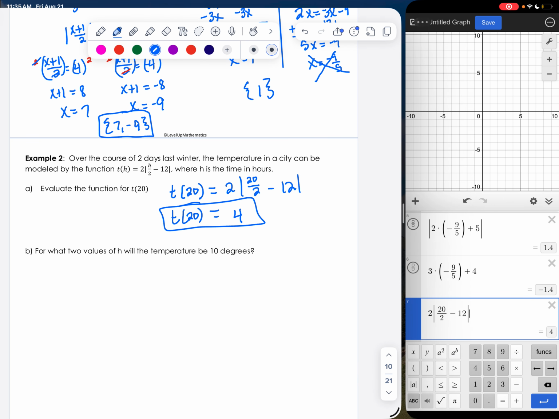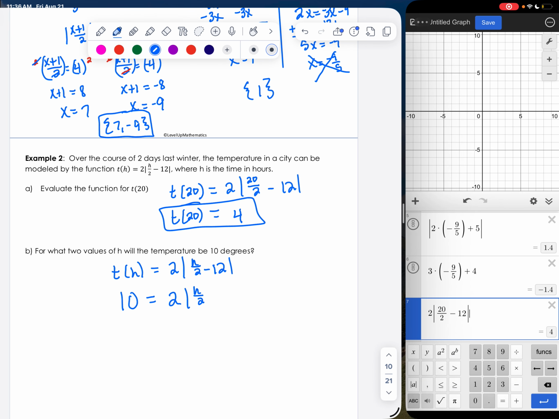All right. B, for what two values of h will the temperature be 10 degrees? So let me write down my function. I have t of h equals 2 times the absolute value of h over 2 minus 12. I want to put the temperature for t of h, and then we'll solve.